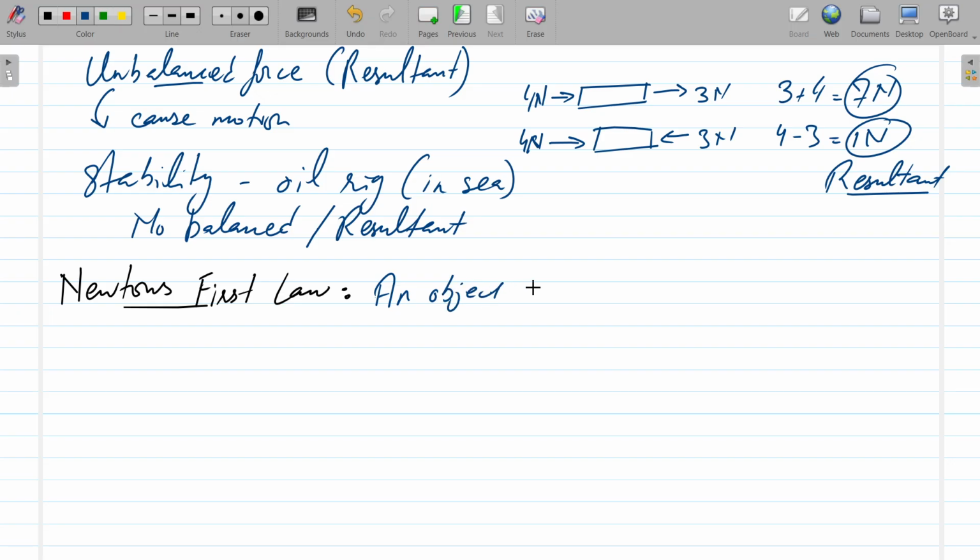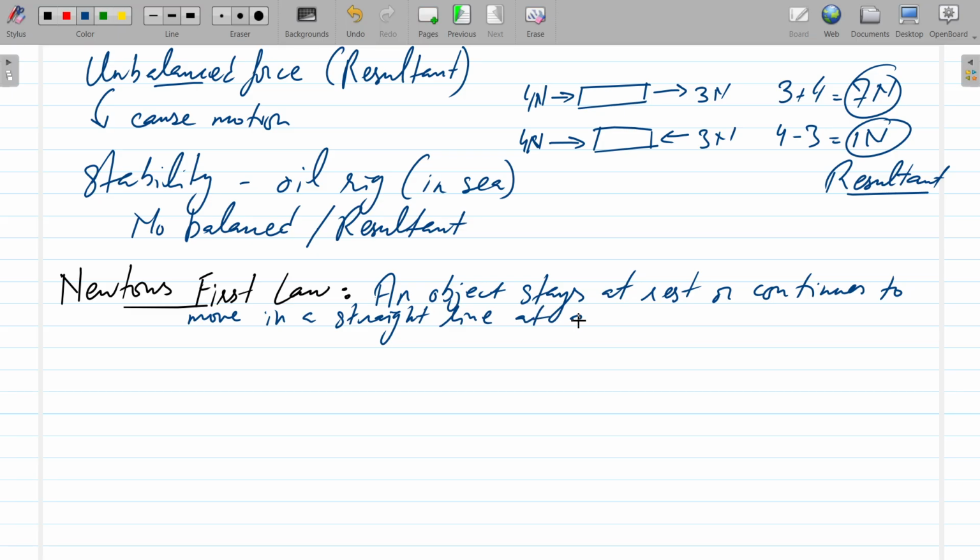So an object stays at rest or continues to move with uniform speed in a straight line, with constant speed, unless acted on by a resultant force.